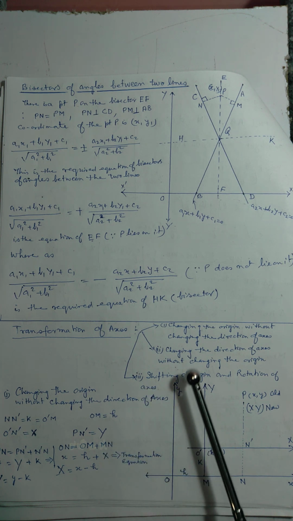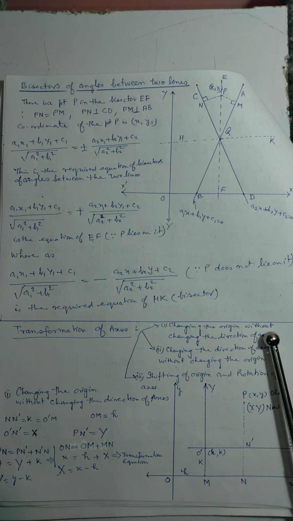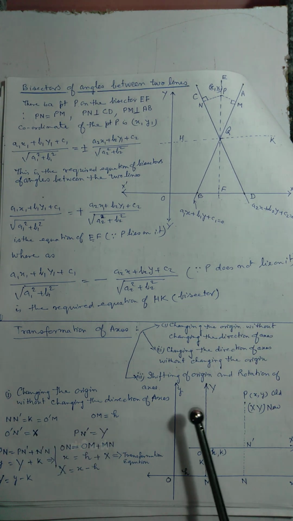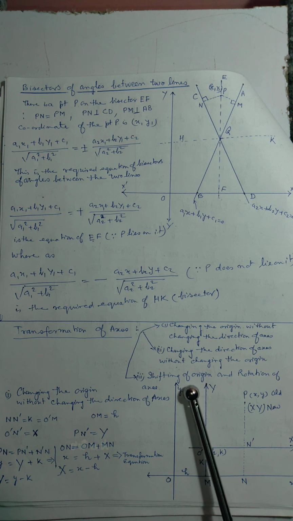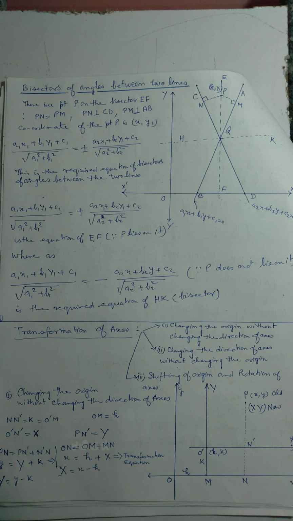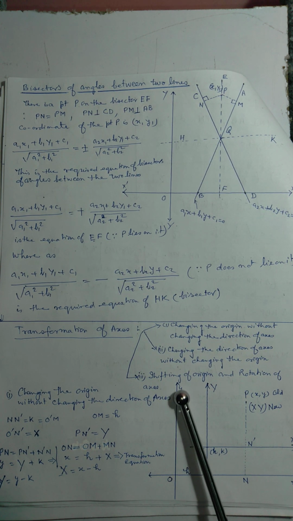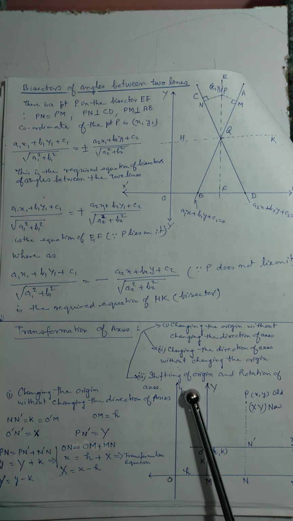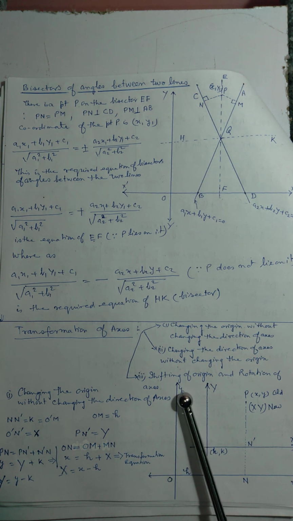So let us proceed. First of all, changing the origin without changing the direction of axis. Here you see the Cartesian plane, that is our original axis, OX and OY. Small letters are used to represent the original axis.